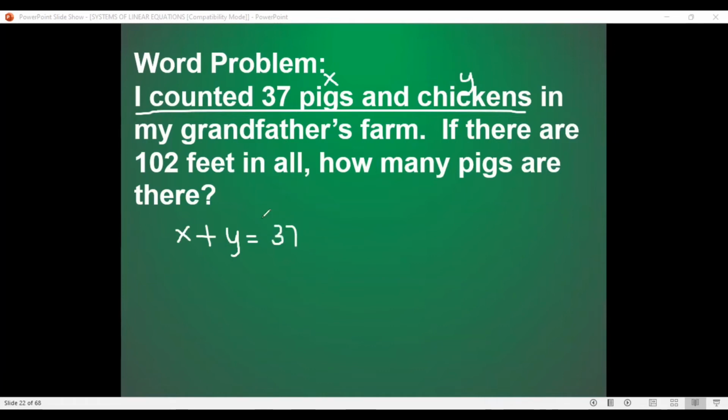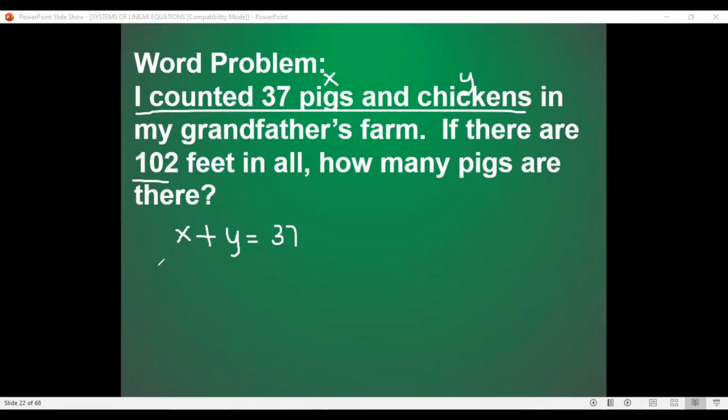Okay? So again, I counted 37 pigs and chickens in my grandfather's farm. If there are 102 feet in all, how many pigs are there? So in this case, we have to analyze that the number of pigs will be multiplied by the number of feet. Since we do not know the number of pigs, it will just be represented also in terms of a certain variable.